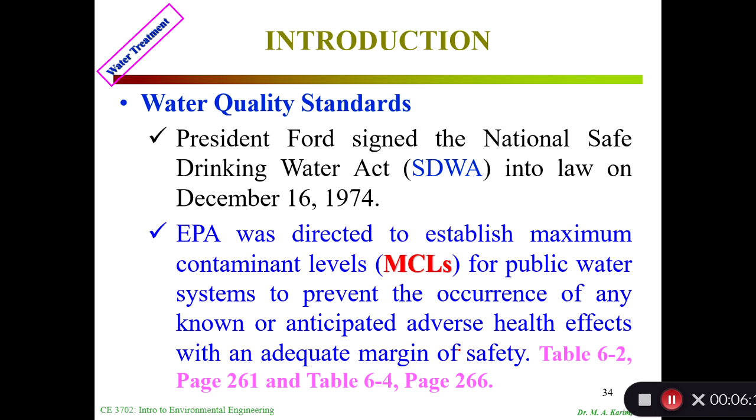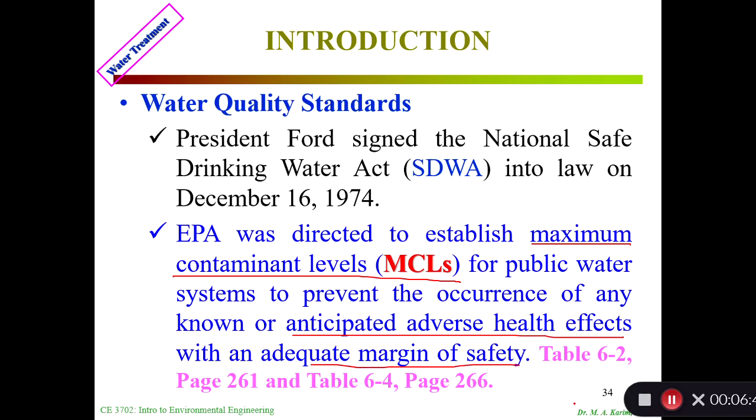Water quality standards are very important because we have to know the standard to compare with and know that this is good quality. President Ford signed the National Safe Drinking Water Act into law in December 1974. It directed the establishment of a maximum contaminant level, MCL, for public water systems to prevent the occurrence of any known or anticipated adverse health effect with an adequate margin of safety.